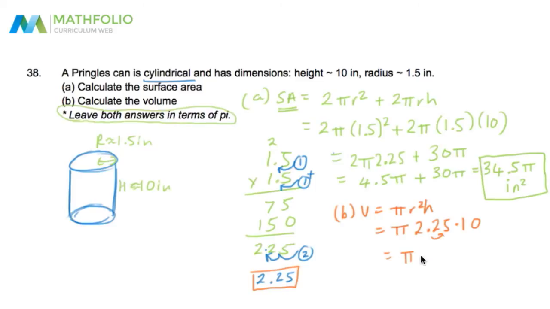So this becomes pi times 22.5. Now we always write the number first, so this is going to become 22.5 pi, and for volume, we're going to stick with inches, which we were given, but it's inches cubed, and so this is our volume. And up here, this is our surface area.